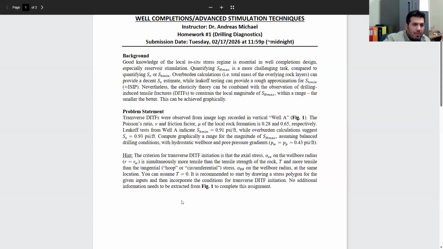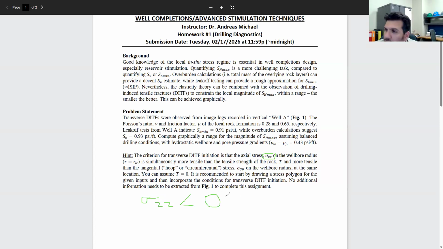What I'm telling you about this figure is basically the conditions for drilling-induced tensile fractures to be of transverse orientation. So what I wrote earlier, sigma z needs to be more tensile than 0, which is minus T basically.